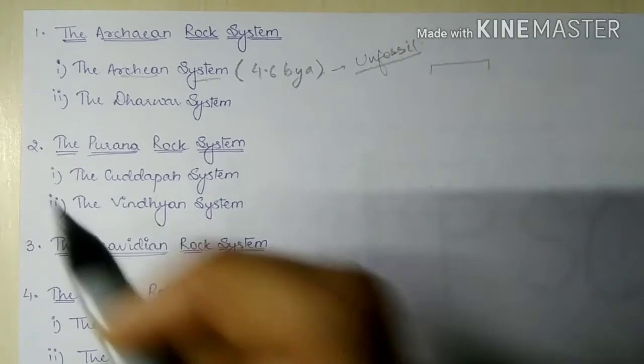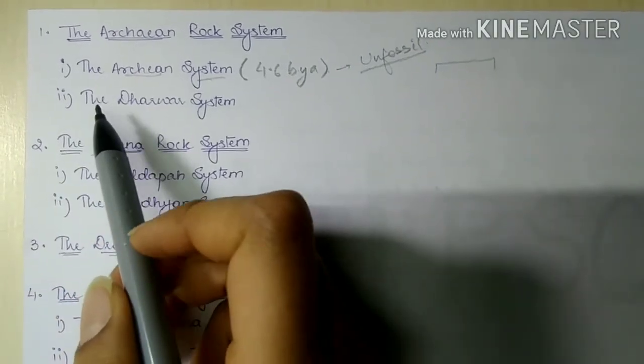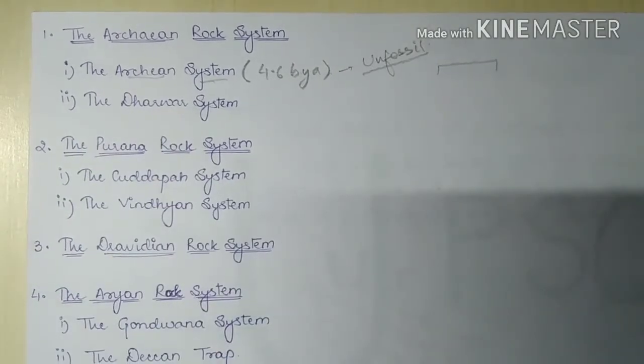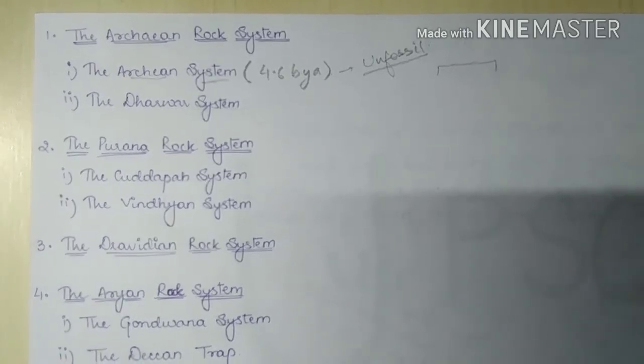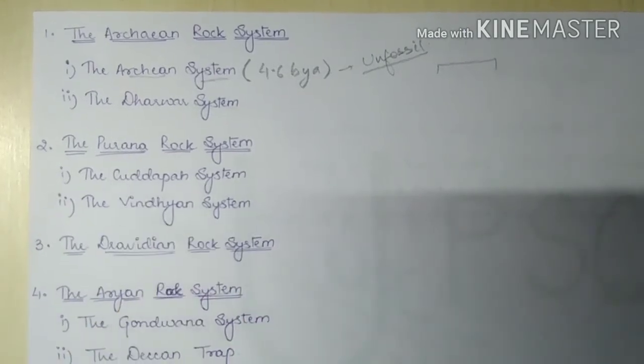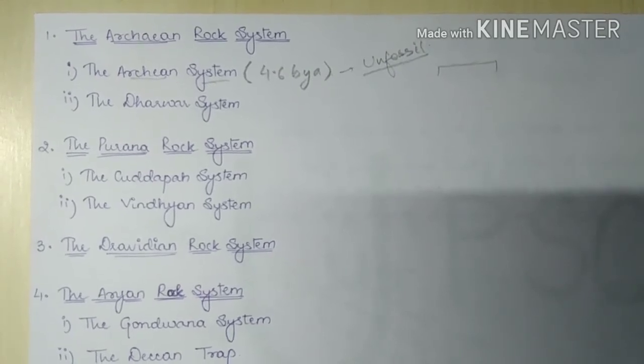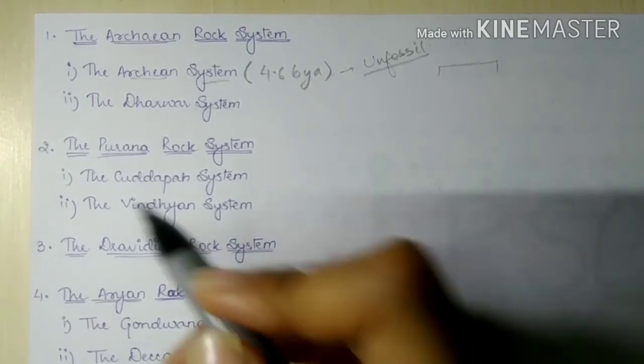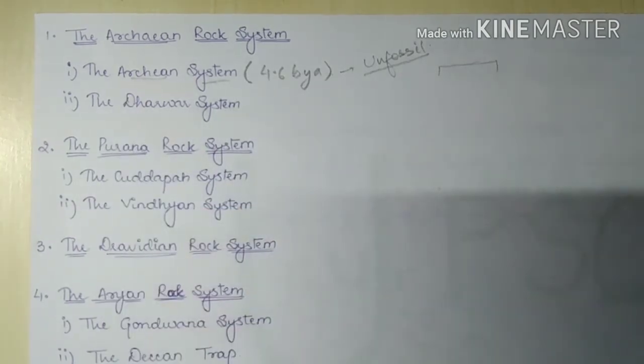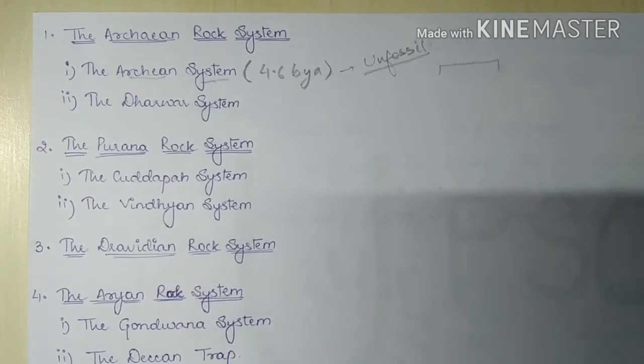Now, after the Archean system, we have the Dharwar system. The Dharwar system is in the Proterozoic formation. The Dharwar rocks are formed due to erosion of Archean rocks.